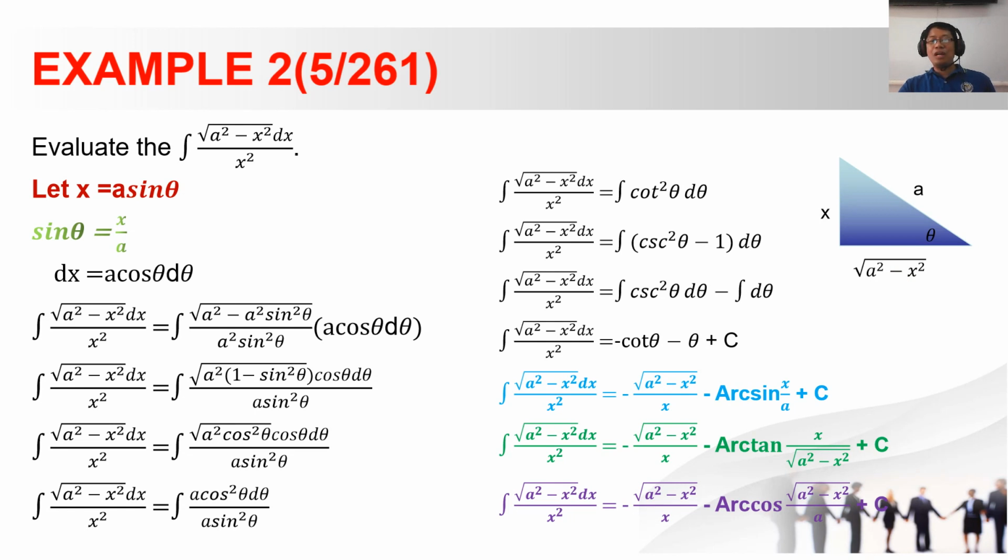But with a variable like this, we simply write arc sine instead of shift sine, opposite over hypotenuse. And that's it. We now have the answer.